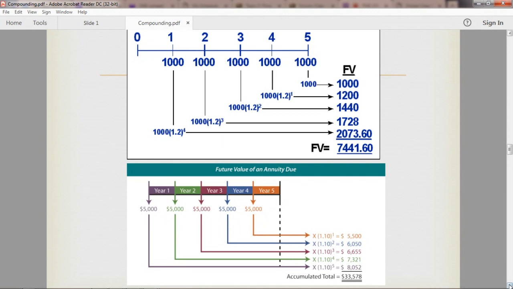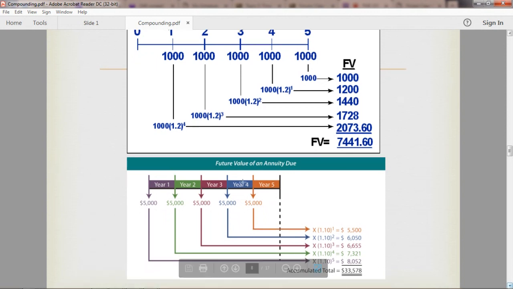But let's take a look at the second example. The second example is also a 5-year timeline, and the payment is $5,000. It's not 1,000. But ignore the difference in the payment and the interest rate, because in this example, the interest rate is 10% and the deposit is 5,000.